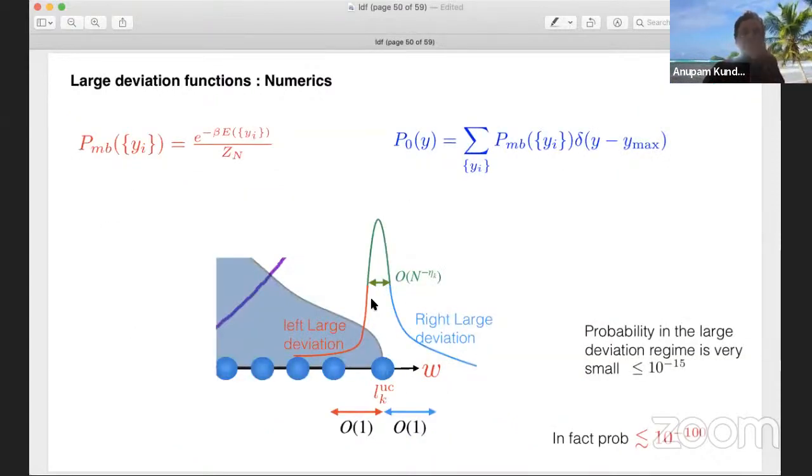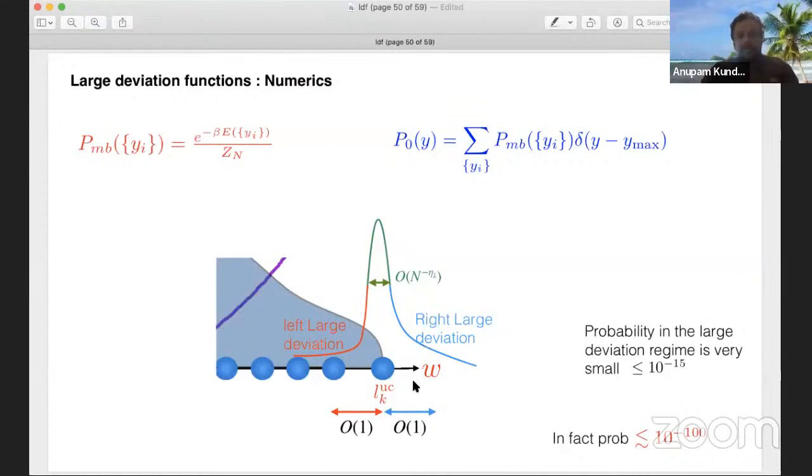So we use some biasing techniques, which are common biasing techniques, may not be new to this audience. So how do you compute? This is the Maxwell-Boltzmann distribution, and this is the way you can find out the probability of a configuration. And given the probability of a configuration, if you do this summation, you should get this distribution.